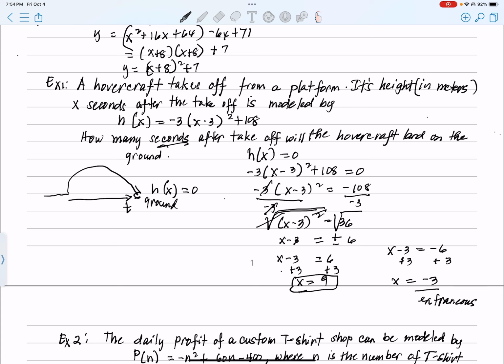So that means it will land 9 seconds after takeoff. Problems like this are the common problems when you are given or asked in a vertex form. Let's do one more problem.